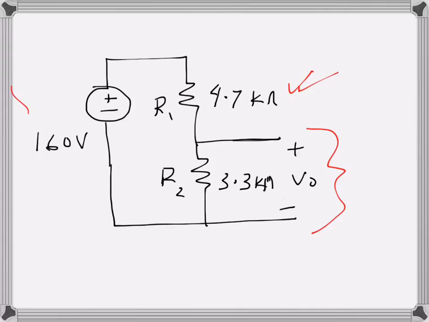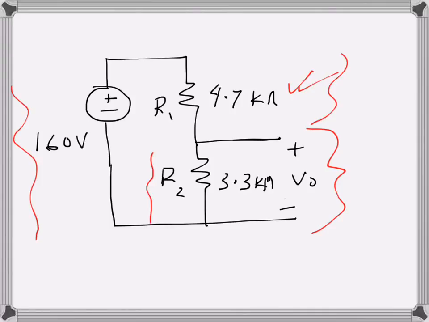For the 4.7 kilo ohms resistance, first we need to find the voltage across it. Instead of applying the voltage divider rule again, I will just subtract 160 minus 66 volts, because the total voltage is 160 and this one is 66.